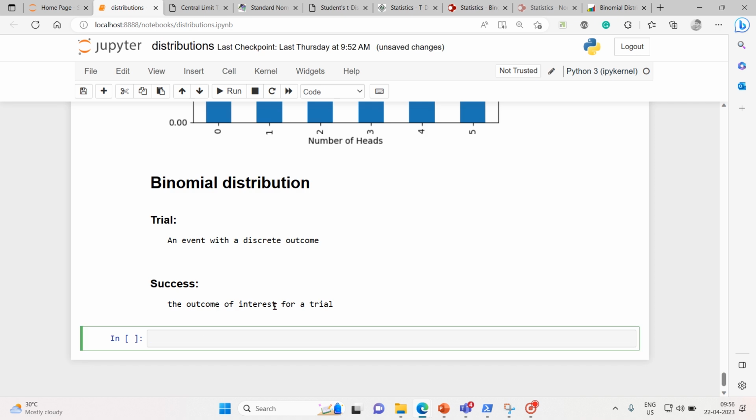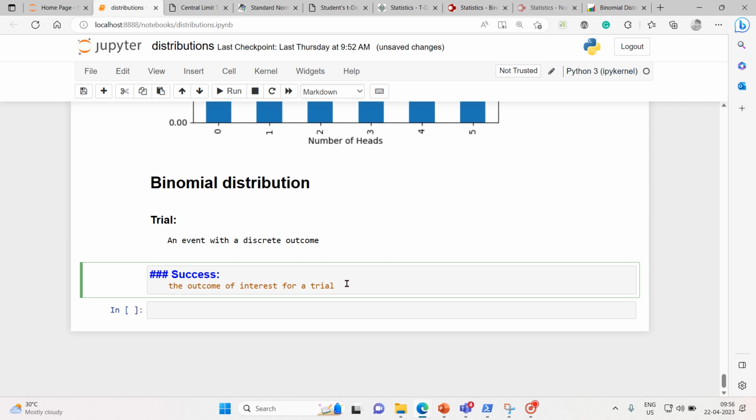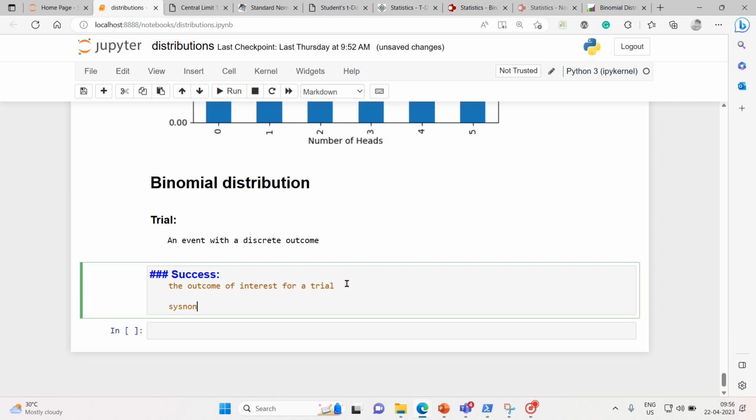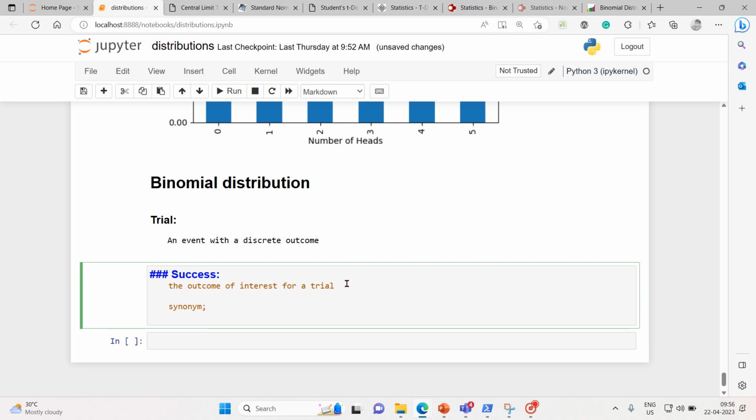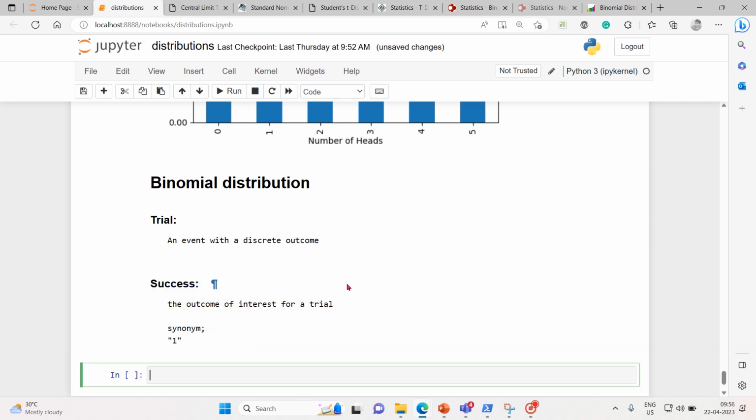The synonym for this is normally one, which they use. Then binomial. What does binomial mean? Binomial is nothing but having two outcomes. Simple.